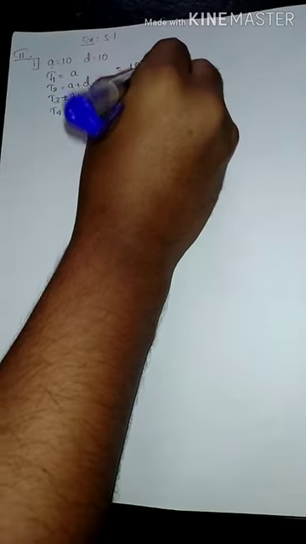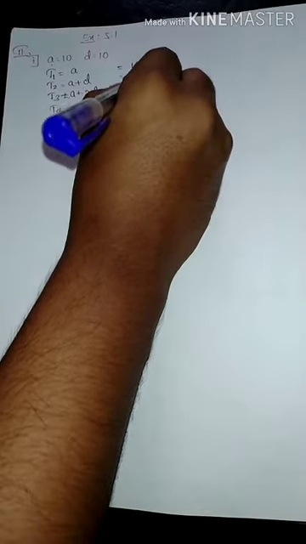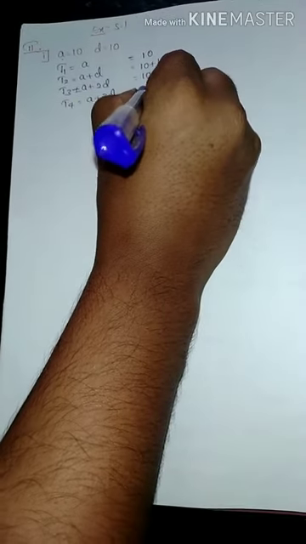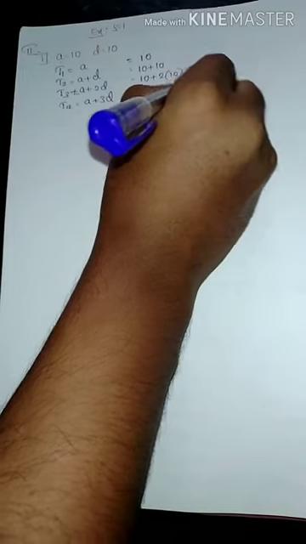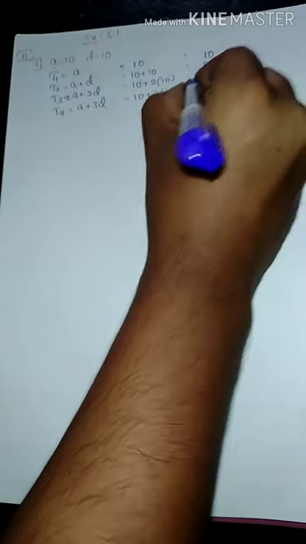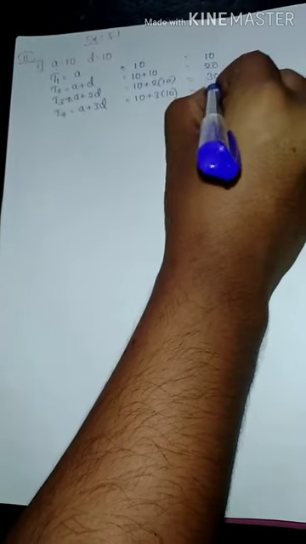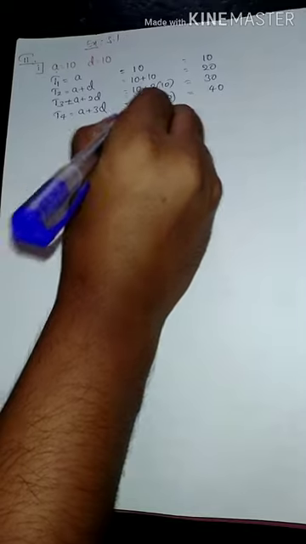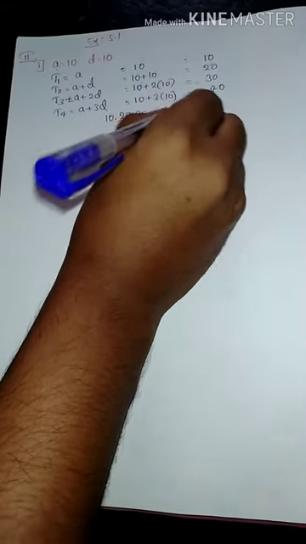The first term T1 is equal to A is equal to 10, T2 is equal to 10 plus 10, T3 is equal to 10 plus 2 into 10, and T4 is equal to 10 plus 3 into 10, because the common difference is also 10. So 10 as it is, 10 plus 10 is 20, 2 into 10 is 20 plus 10 is 30, 3 into 10 is 30 plus 10 is 40. Therefore, the first four terms of the AP are 10, 20, 30, 40, and so on.